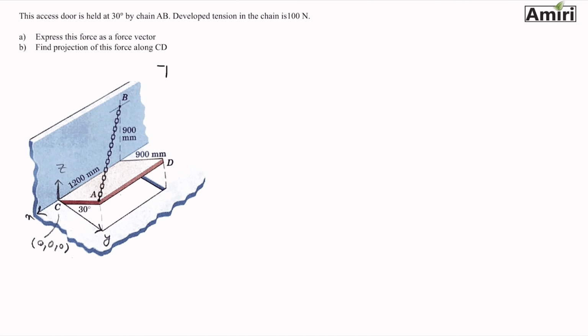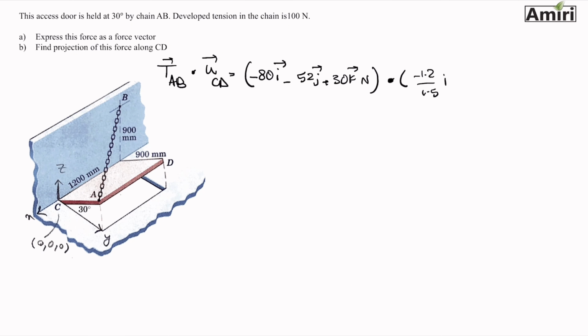So T AB dot the unit vector of CD is minus 80I minus 52J plus 30K, dot the unit vector that we just found, and that one doesn't have any units because it's meters over meters and they cancel each other out.